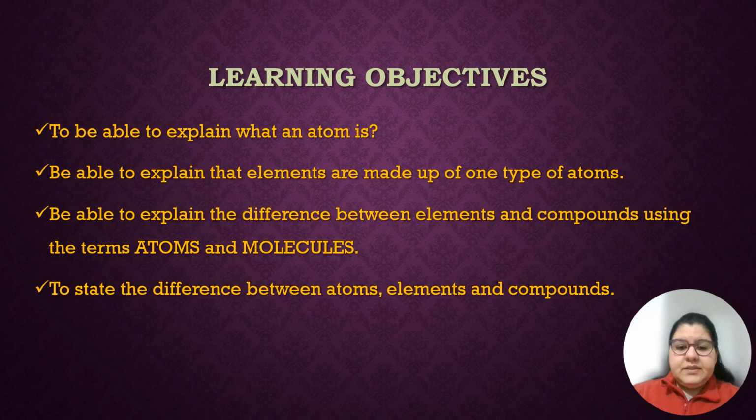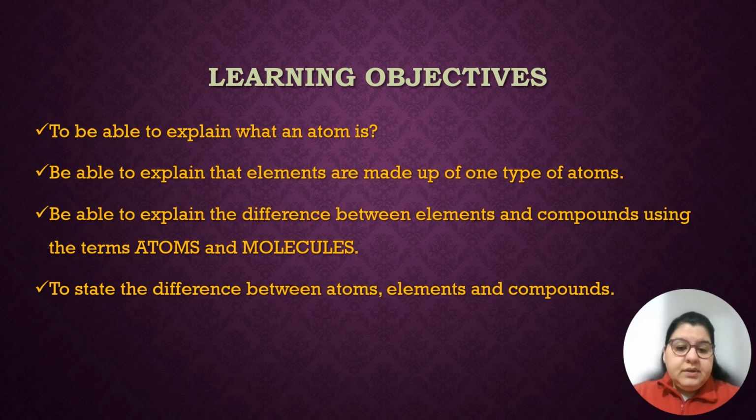Today, we are going to explore the following learning objectives. After the completion of this lesson, you should be able to explain what an atom is. You should be able to explain that elements are made up of one type of atom.